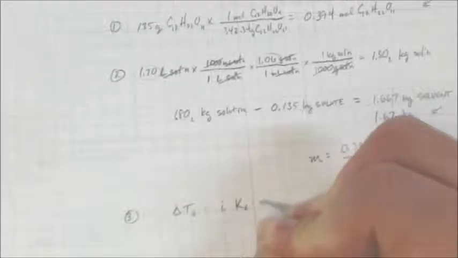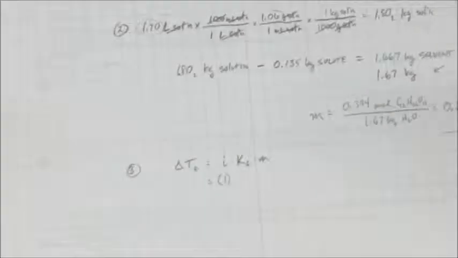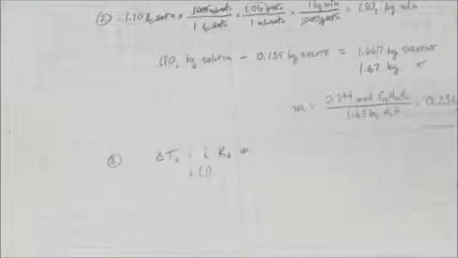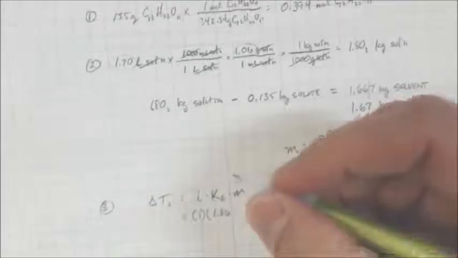We're going to find the freezing point: delta TF is equal to i times the KF times the molality. And in this case, the van 't Hoff factor is 1 because glucose or sucrose, C12H22O11, is a molecular compound. The KF, this is being dissolved in water, so it's 1.86 degrees Celsius per molal unit.